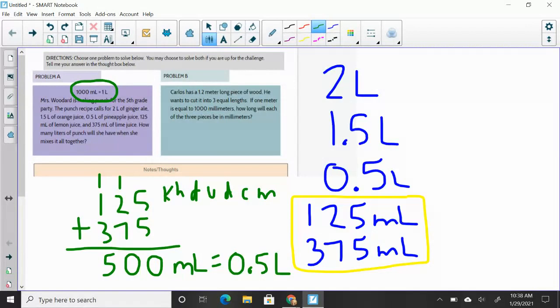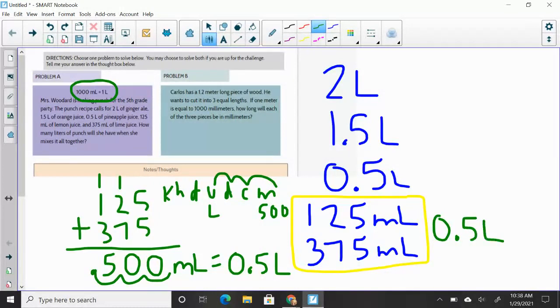We are going from 500 milliliters back to our liter unit. So we're going to go 1, 2, 3 spots to the left, 1, 2, 3, and that's how we get half of a liter. Okay, so these two combined are going to equal half of a liter.